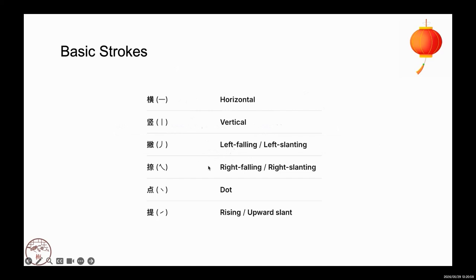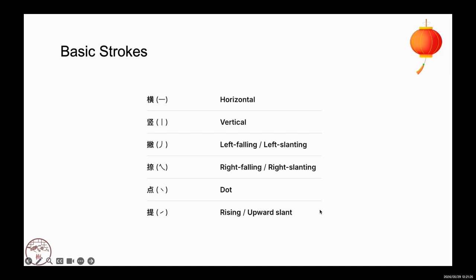Similarly, the fourth one is right falling. Starts from the top and it falls towards the right. The fifth one is a dot. The sixth one is rising. It starts from the left bottom and it goes up to the right top.